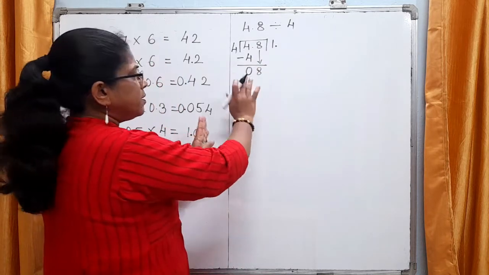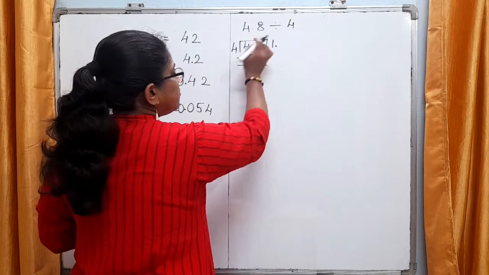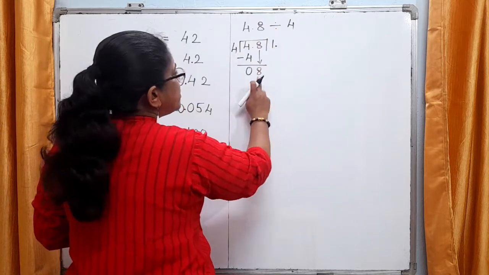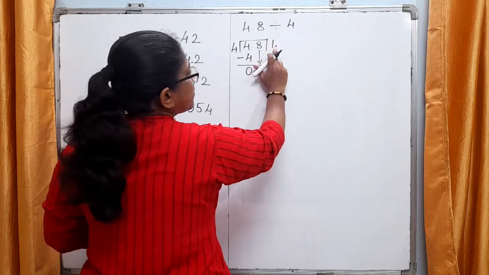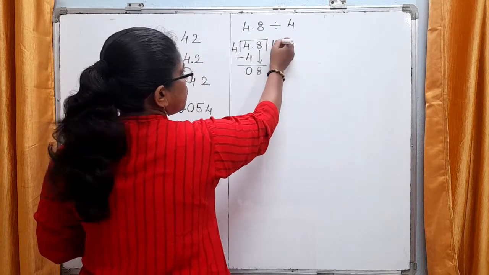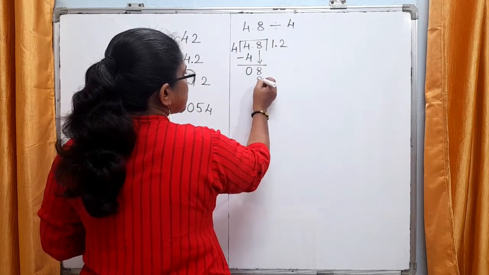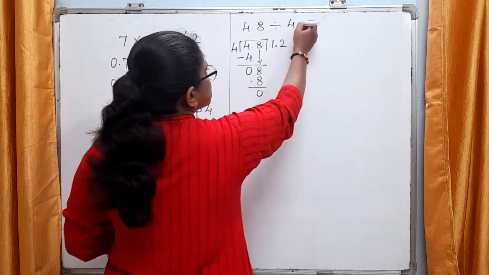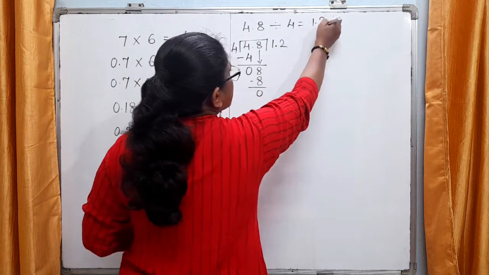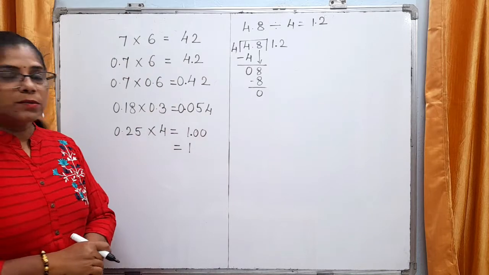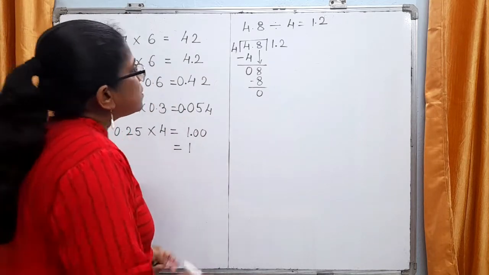No need to put a point here. Just take care that when we take the digit after the decimal point for dividing, don't forget to put the point here. Now 4 2s are 8. Answer is 1.2.